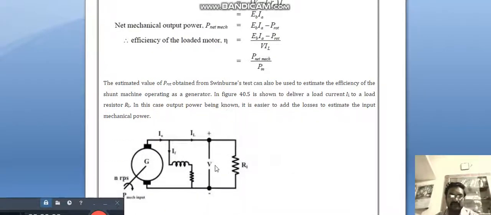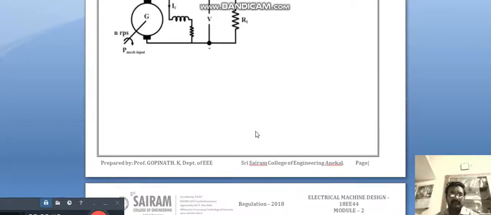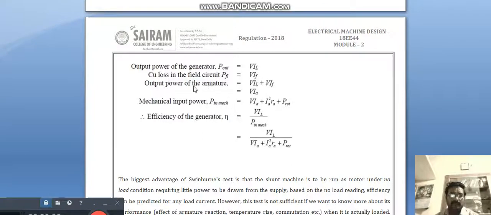The figure is shown to deliver the load current IL to a load resistor RL. In this case, the output power being known, it is easier to add losses to estimate the input mechanical power. The output power of the generator, P out, is equal to V into IL. Copper loss in the field circuit, P FL, is equal to V into IF.